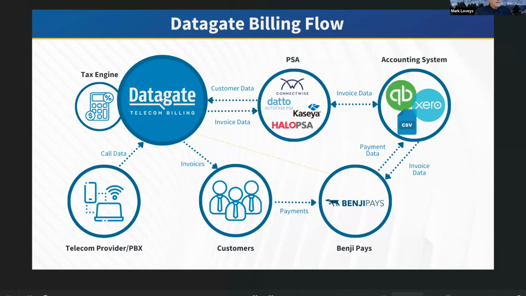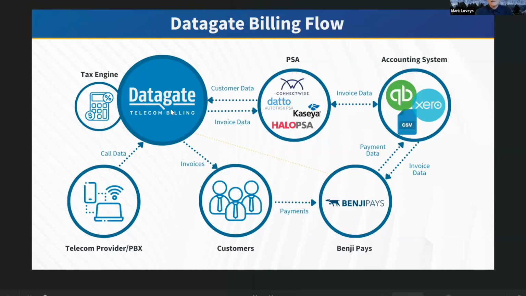In the United States and Canada in particular, it uses a telecom tax engine to calculate all the federal, state, county, and city taxes. So a complicated tax situation is handled very easily in our system, and it generates the invoices. It can optionally send those invoices to the customers directly.